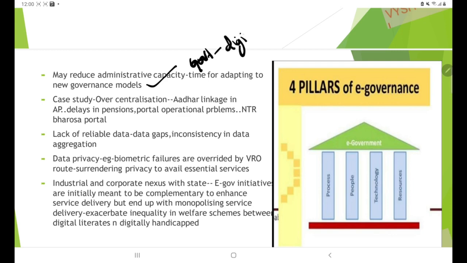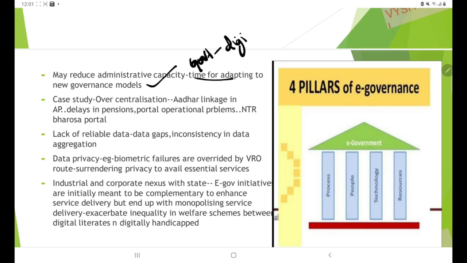Digital penetration has come to India very recently only. The generation prior to some 10 years or so, those government employees are also not much digitally literate. So it is a challenge from their part to implement these e-governance schemes in an efficient manner, and it takes time for adapting also.